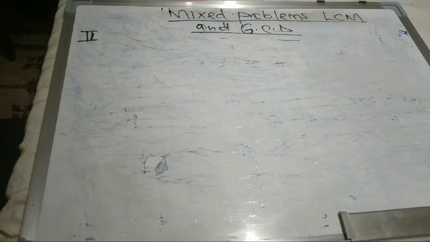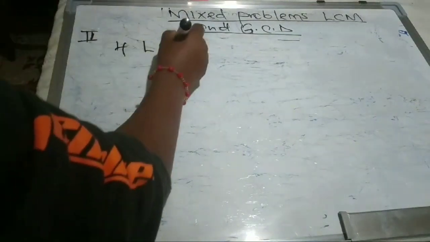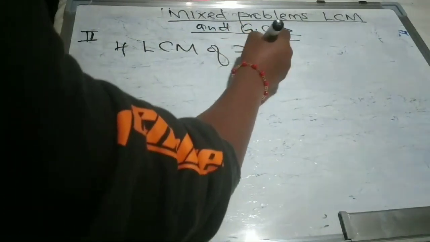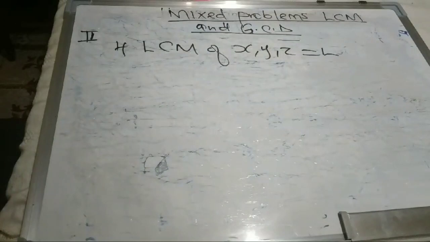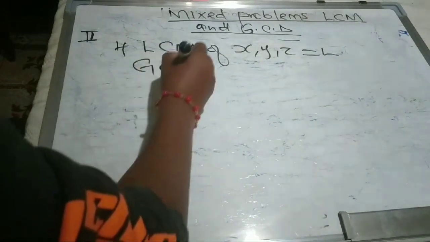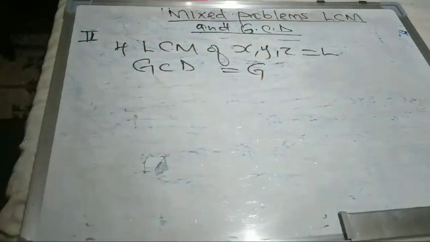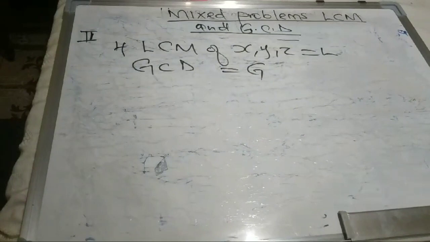If the LCM of three numbers x, y, and z is L, and their GCD is G, we will have the following situation. If x and y are known, then the least possible value of z is such that z times this.